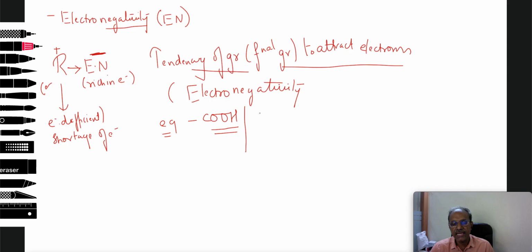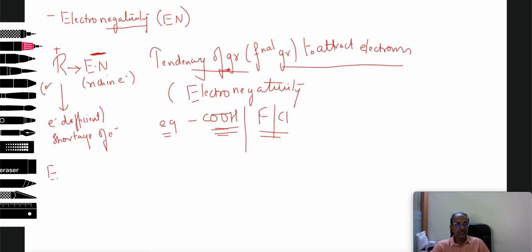Similarly, I can say halogens like fluorine, chlorine. They are also electronegative elements. These are electronegative groups. This is an electronegative element. Fine. So this tendency is known as electronegativity.